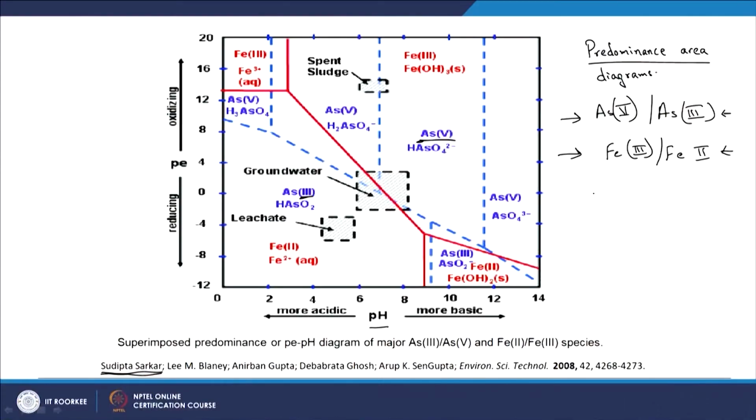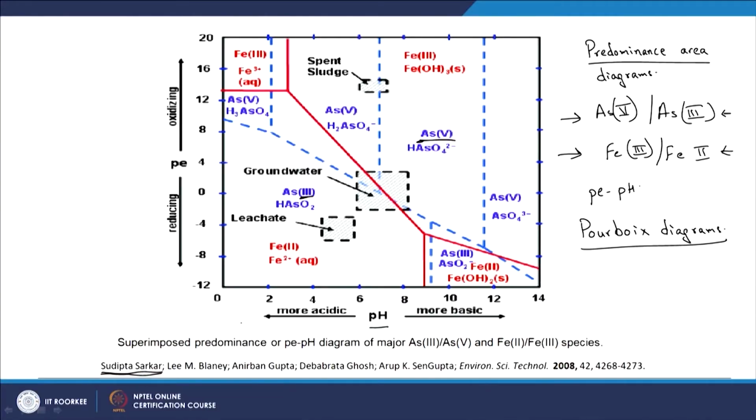These predominance area diagrams, at least the pe-pH diagrams, are also called Pourbaix diagrams, hopefully the spelling's right. Again, a good way to get an overview or summary of the scenario, but if you are looking at details, you need to look at the relevant log C pH graphs, log C pe graphs or such, right.